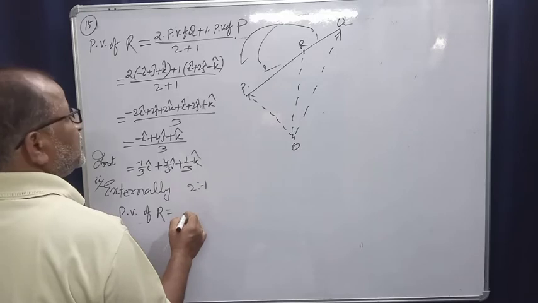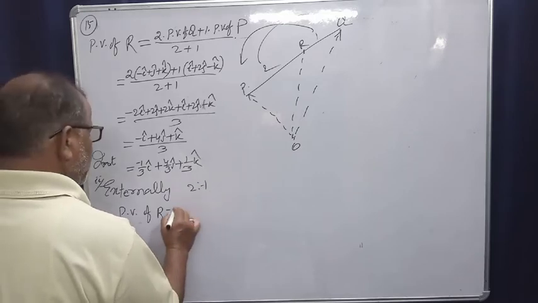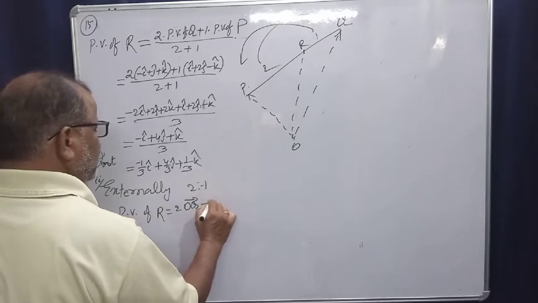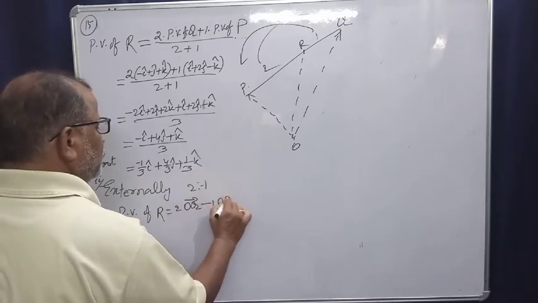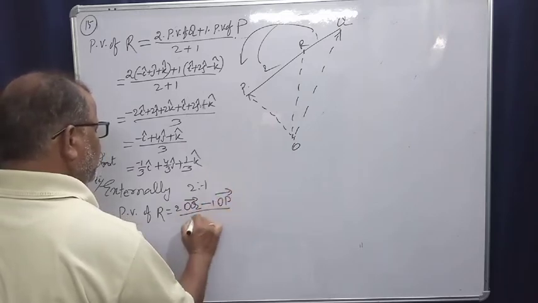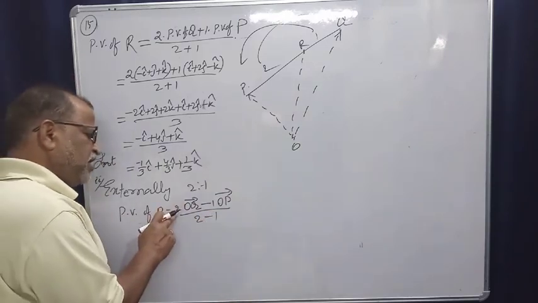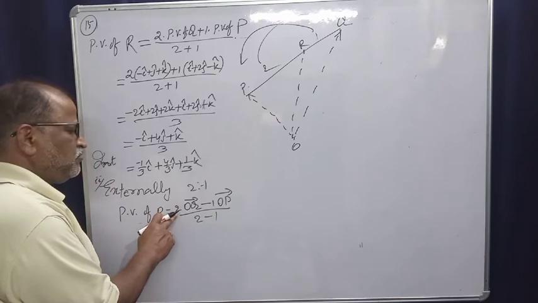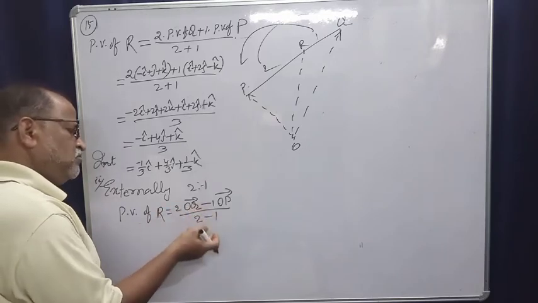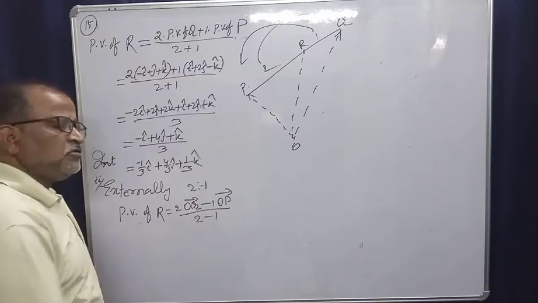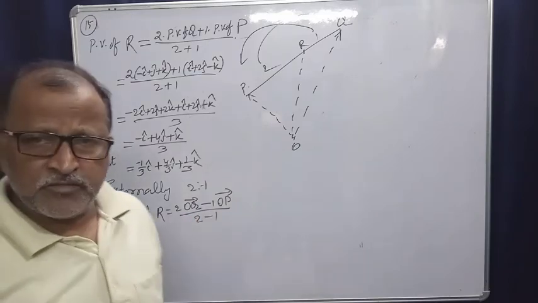This will be 2 into OQ minus 1 into OP by 2 minus 1. Or the same thing, minus 2 into OQ plus 1 into OP by minus 2 plus 1. It will be the same, right?